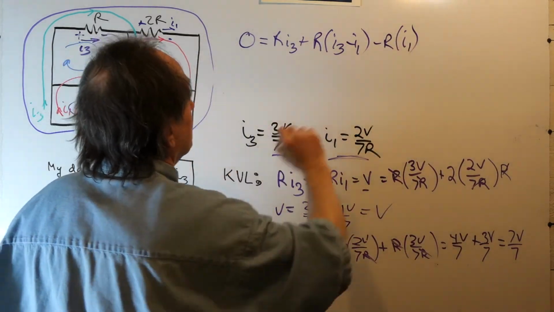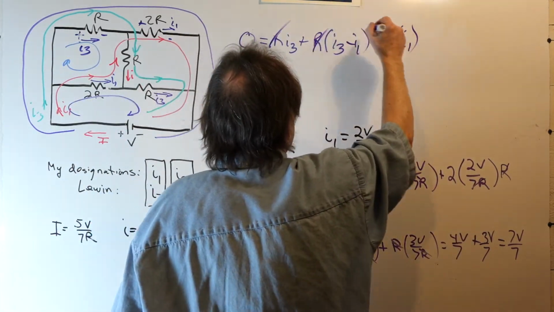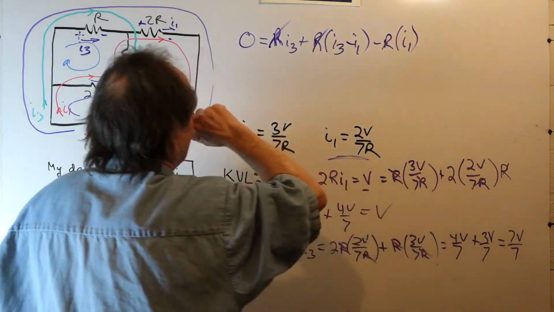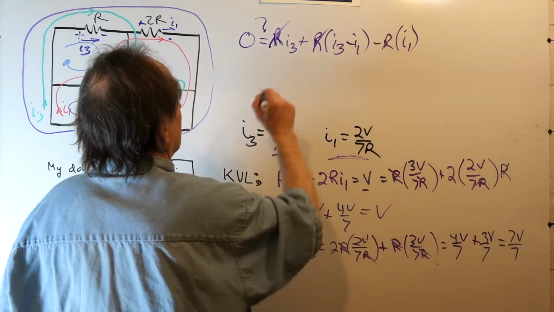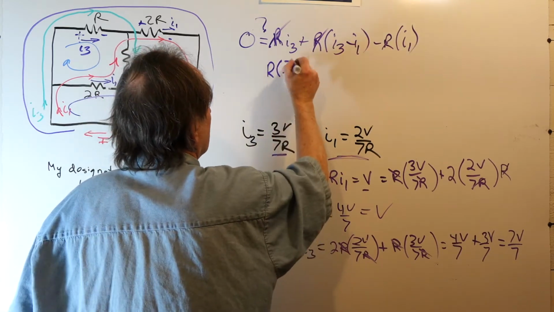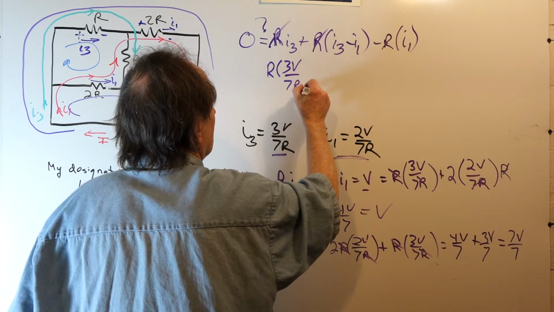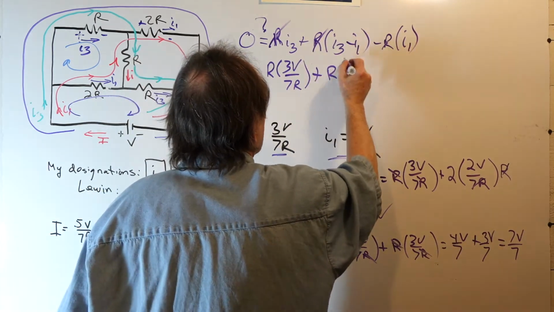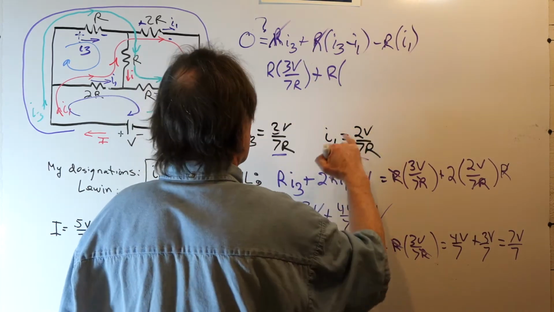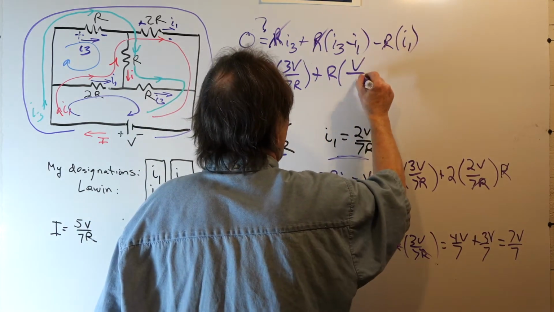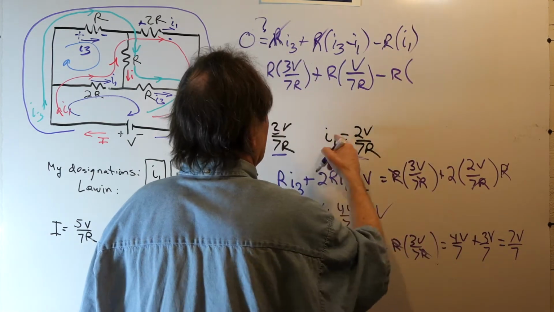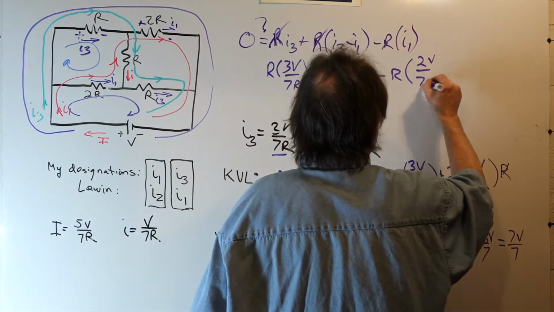We don't know that the R's cancel yet, so this is a question mark. So we have R times I3, which is 3V over 7R, plus R times I3 minus I1, 3V minus 2V, so that just gives us V over 7R, minus R times I1, which is 2V over 7R.